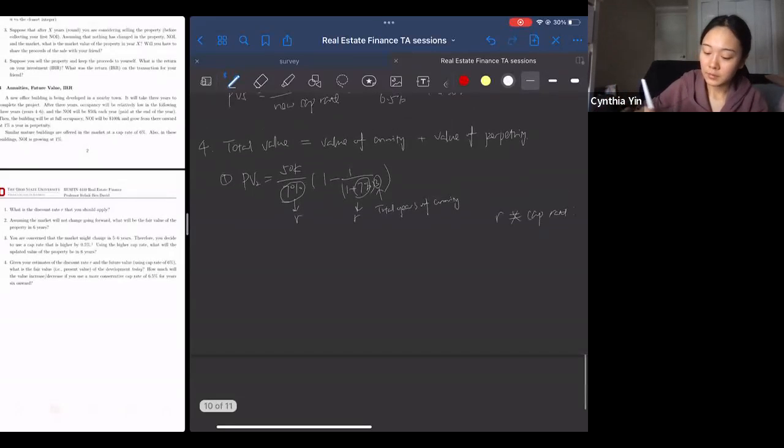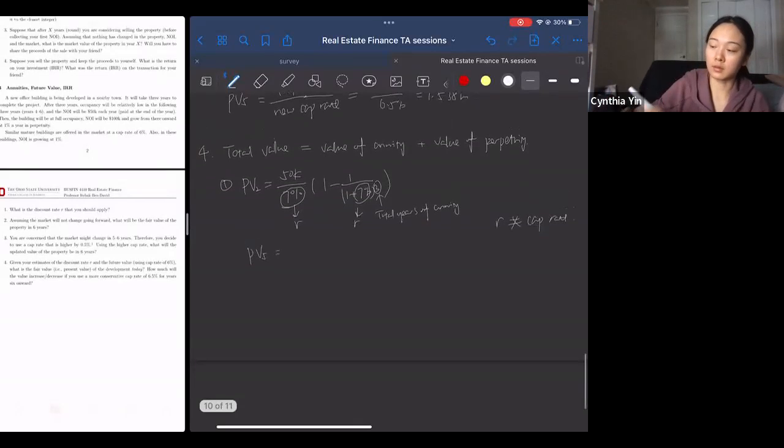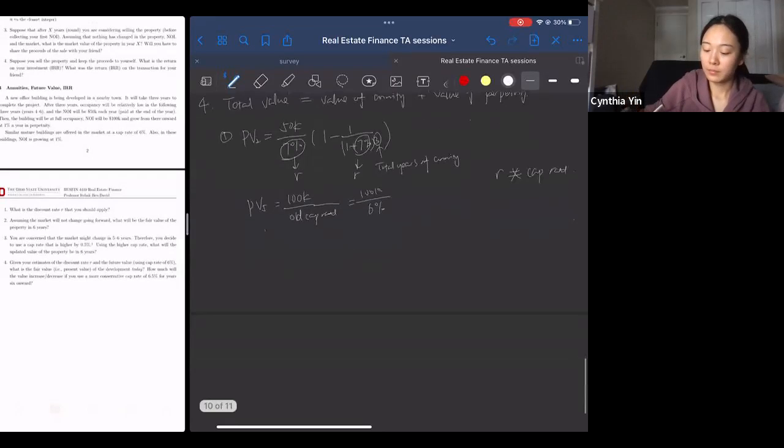So now you get the present value at year 2, and you get the present value at year 5, which should be what we already calculated from the second question, 100K divided by the old cap rate, which is 100K divided by 6%. I will not calculate the exact number, so you can check what it is.